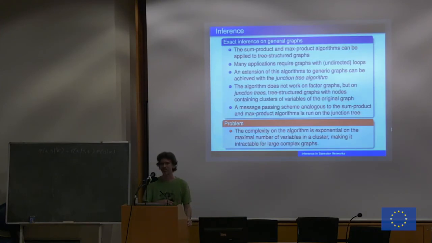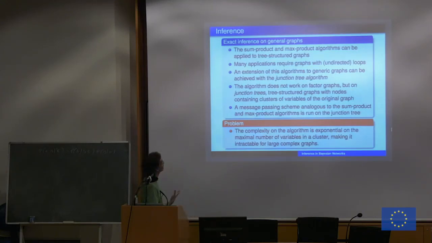I will not provide the details, but the intuition is that basically you collapse together variables, so that nodes in this junction tree are not anymore variables, but they are collections of variables. And then you connect them together. And in this way, you can end up producing a tree, in which these message passing algorithms produce exact inference.